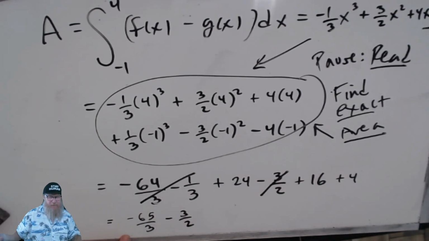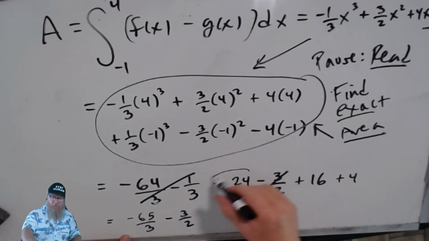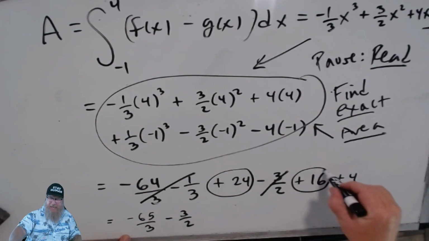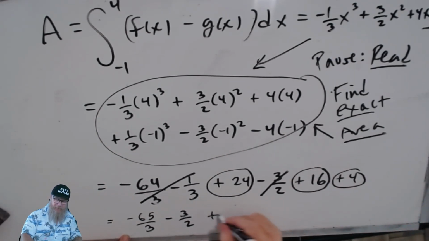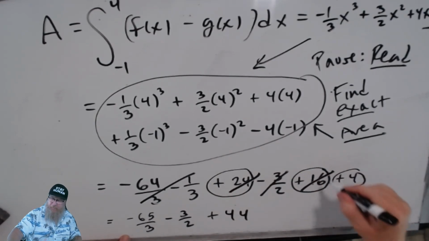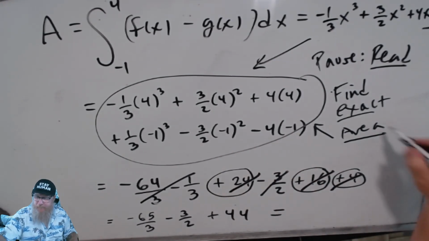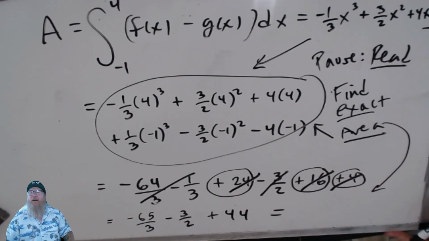That's that one. 24, 16. If you're keeping track, that's 40. Plus 4 is 44. Exact area. So exact. I don't want to use my decimal approximations.